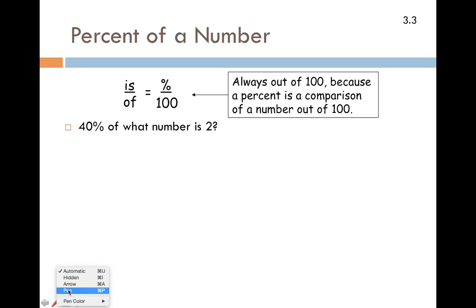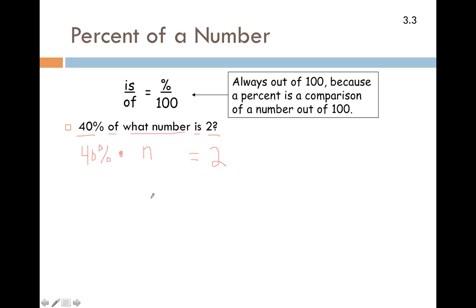Another way I can do this problem is I can just start underlining things: of, what number, is, and 2. So I can say, okay, that's 40%. Of means to multiply. What number means n. Is means equal. And then that's 2.